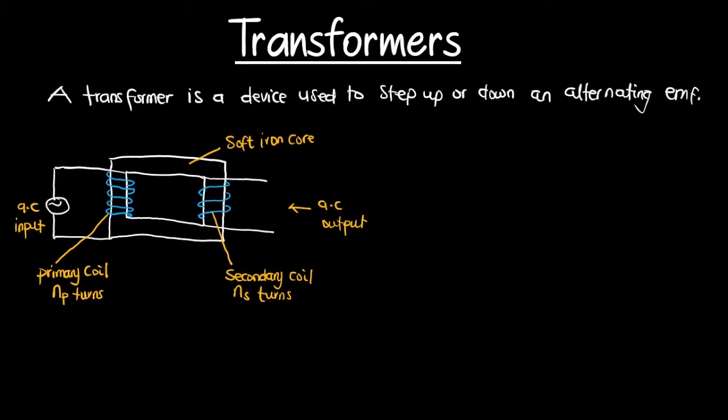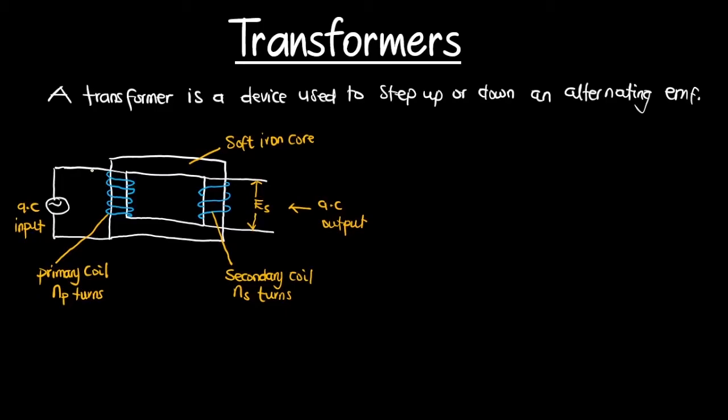But then the distance from this over here to over here is what we are calling the secondary EMF, or the secondary potential difference.